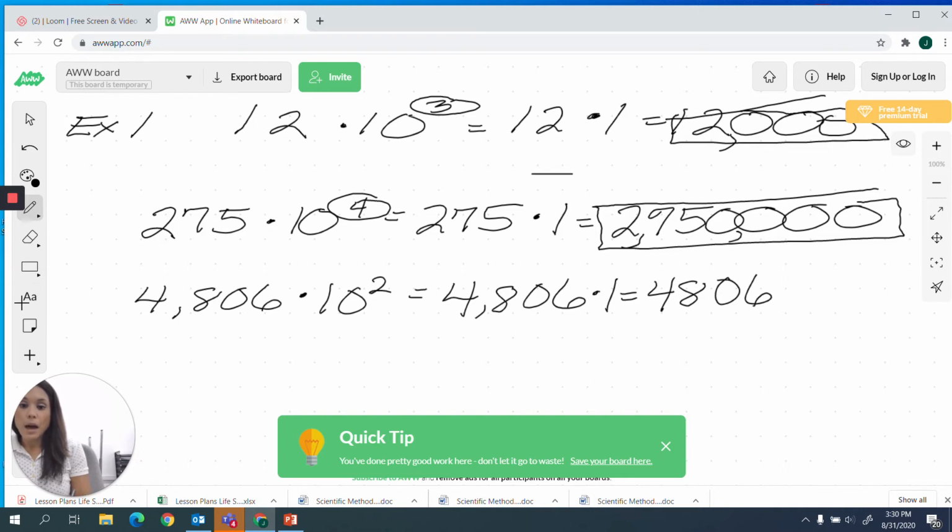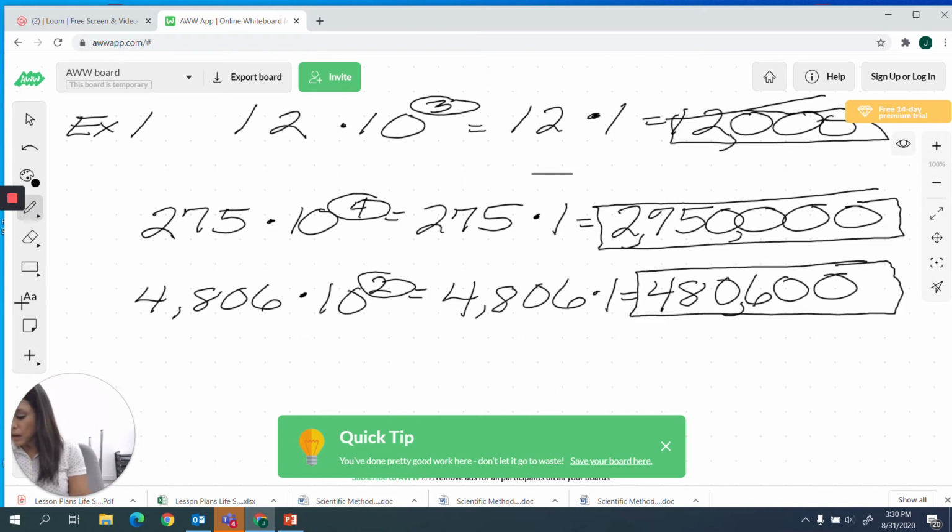And then we add 2 zeros. I go over 3 digits, add my comma, and there's my answer. 480,600. Okay, last example. 7 times 10 to the 0 power.